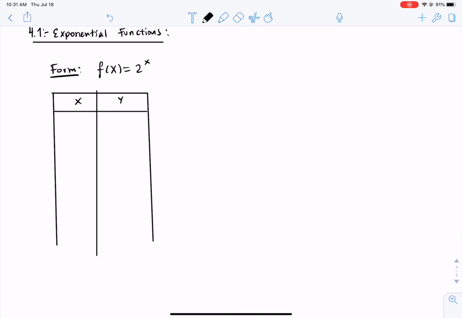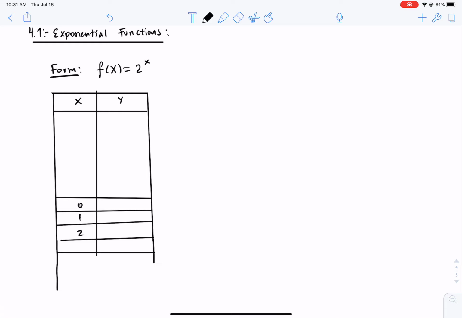I'm going to start from the middle like this, with 0, then 1, 2, 3, 4, 5.